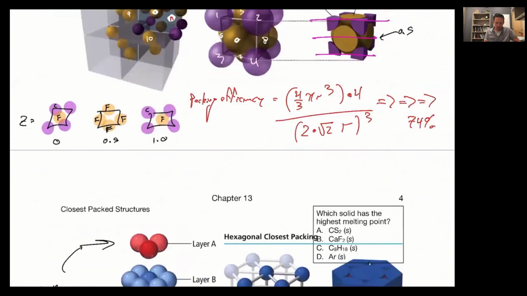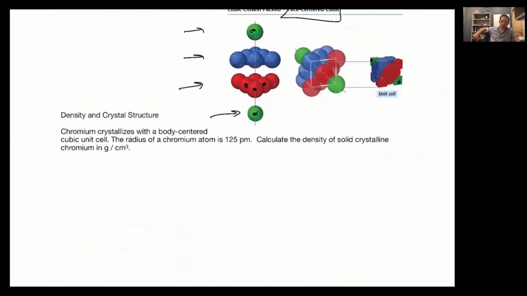And now we get to the really cool problem from this section, relating the density of the unit cell to the density of the macroscopic material. If you remember back to Chem 1A, one of the first equations that you had was density. Density is equal to the mass divided by the volume.